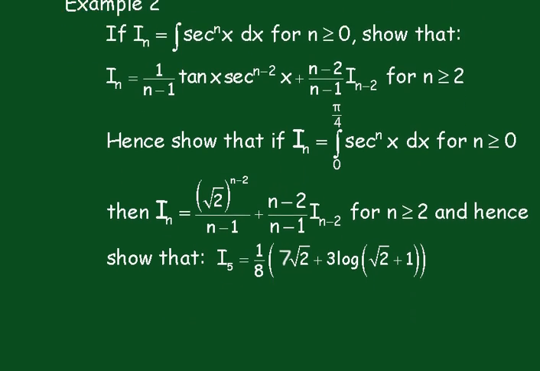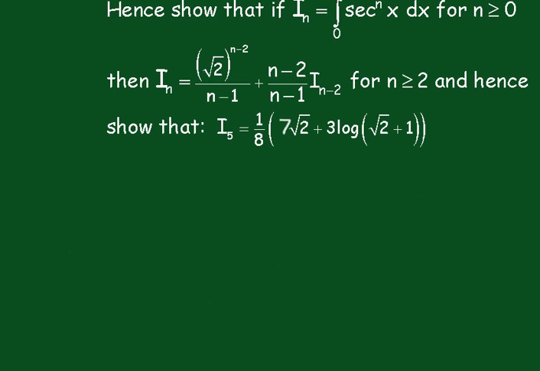Now we're going to split the integral up in a different way. We're going to say that In equals the integral of sec n minus 2 x times sec squared x dx.